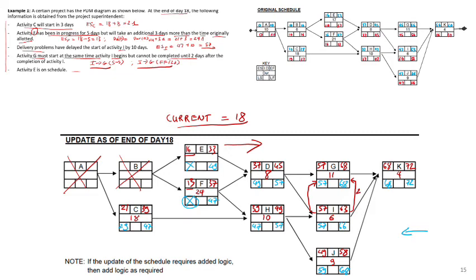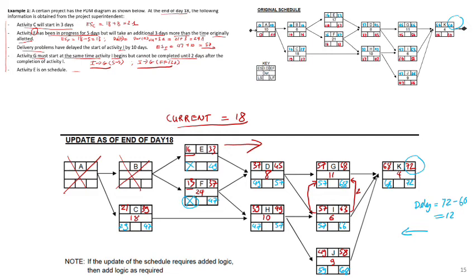So you got new duration. So the total delay is gonna be 72 minus 60. So you got 12 days delays. And you got the new start and finish days for many activities in the network.